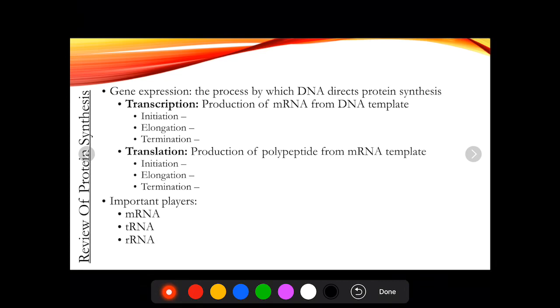Louder. Once RNA polymerase binds to the promoter, what is that RNA polymerase going to do? Elongate. Good. It's just adding complementary base pairs.